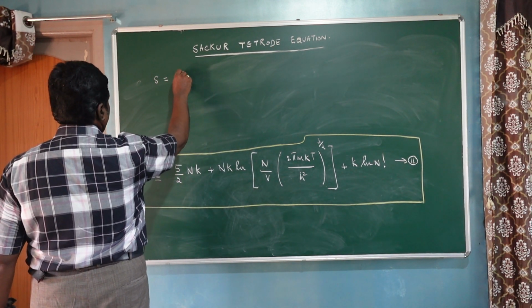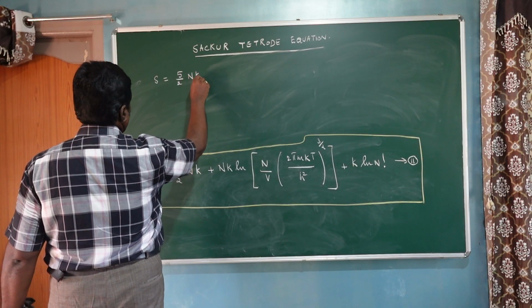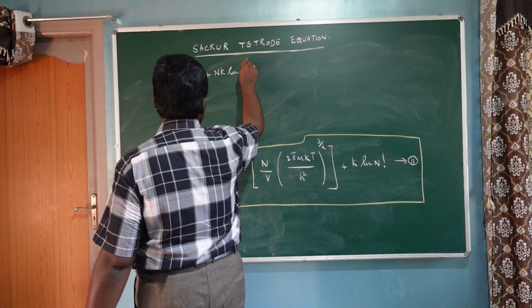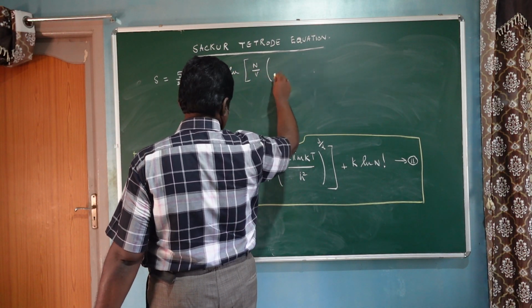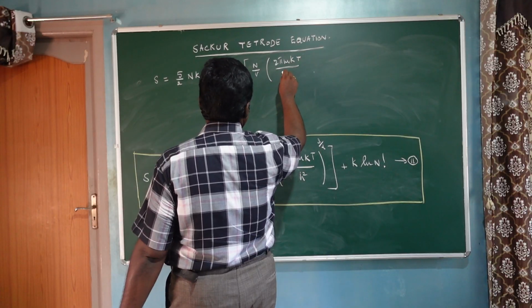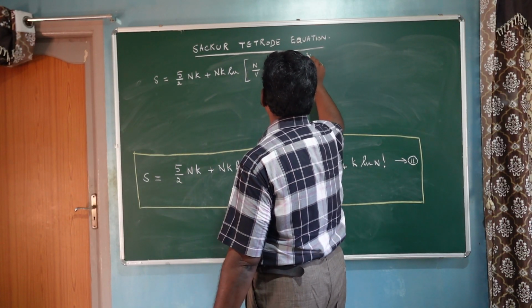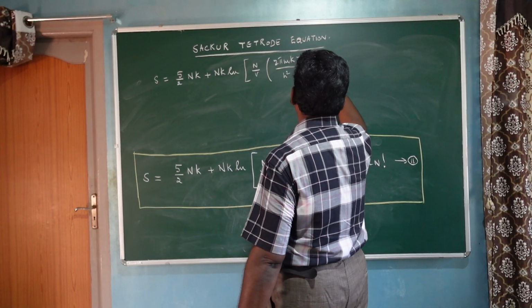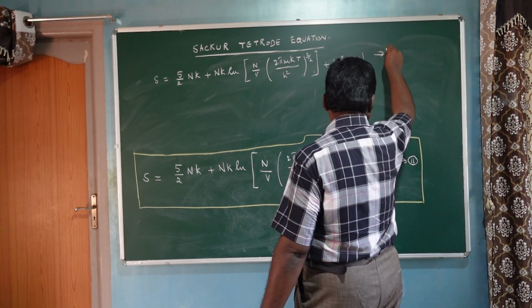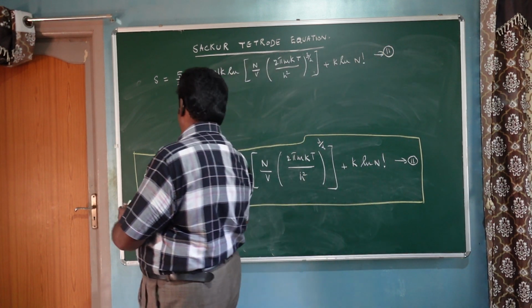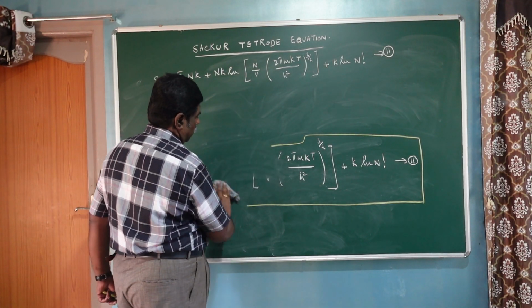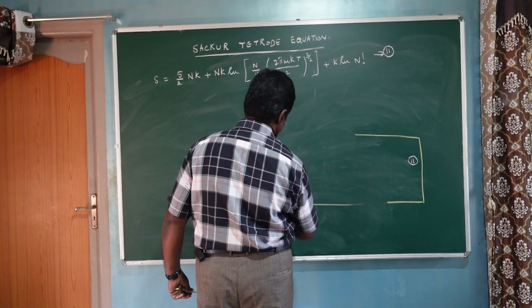S equal to 5 by 2 nk plus nk ln n by V 2 pi m kT by h square power 3 by 2 plus k ln n factorial. So this is equation 11. Now I have to give the physical significance of this equation the following way.